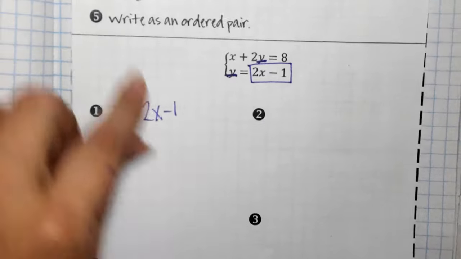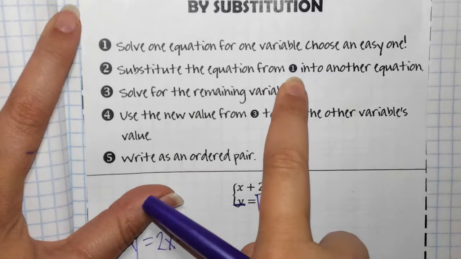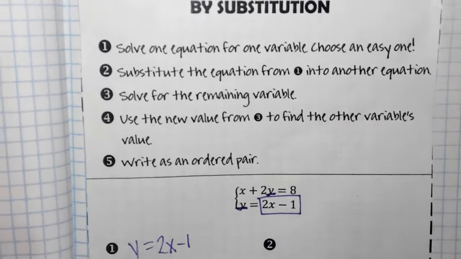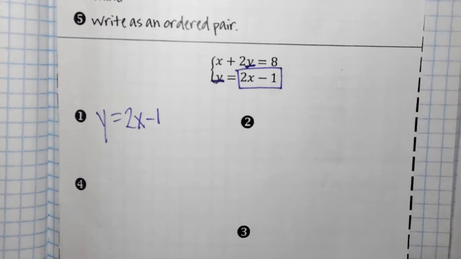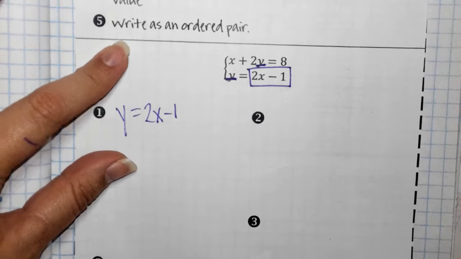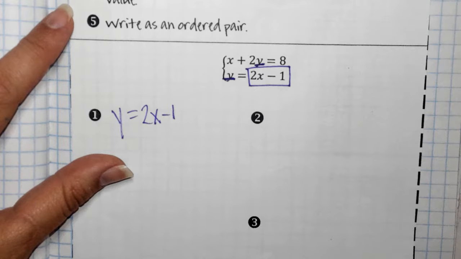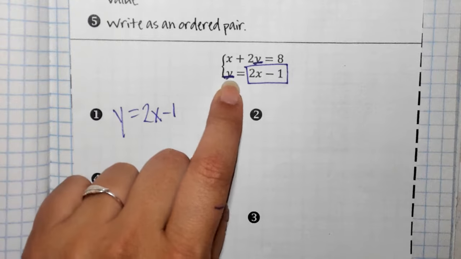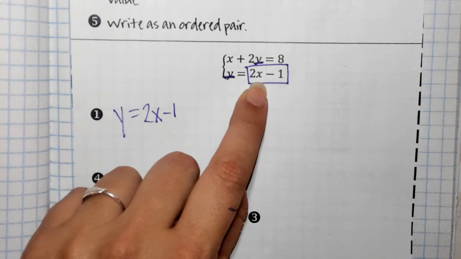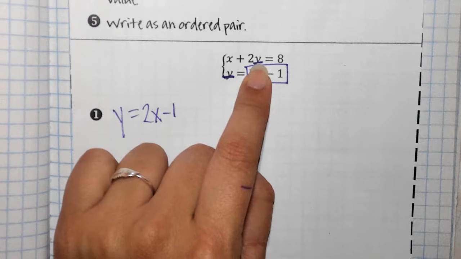Alright, step 2. It says to substitute the equation from 1 into another equation. So now, again, tell me what Y equals. Now, would we plug that in for X or for Y? For Y, because it says Y equals, right? If Y equaled 4, what would we plug in for Y? 4.